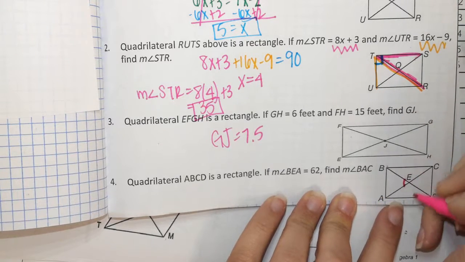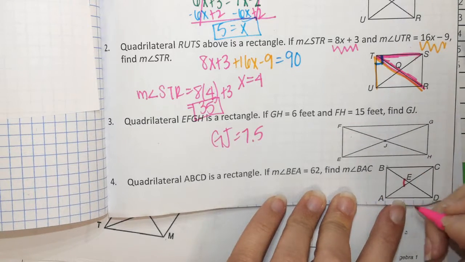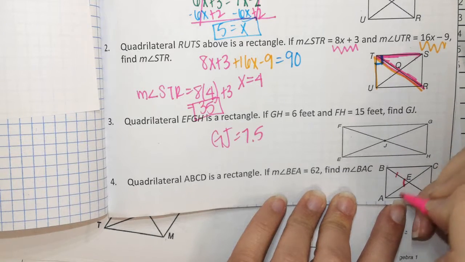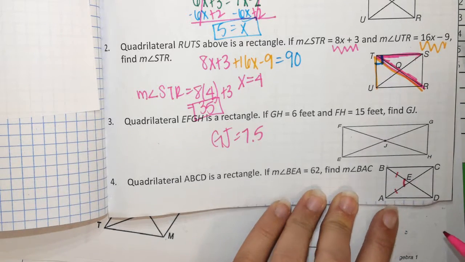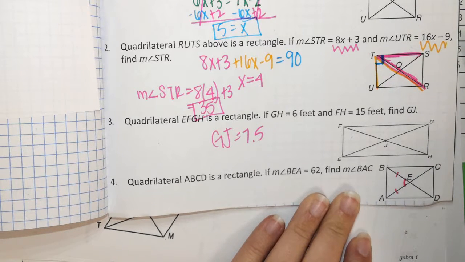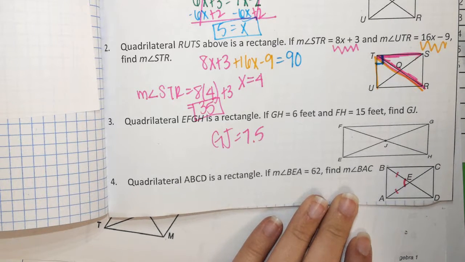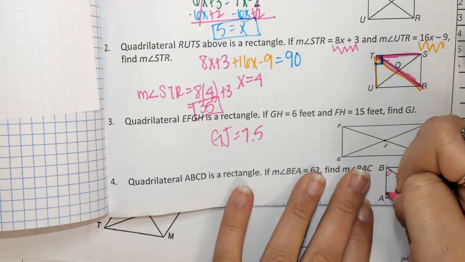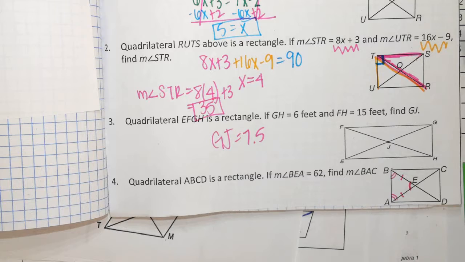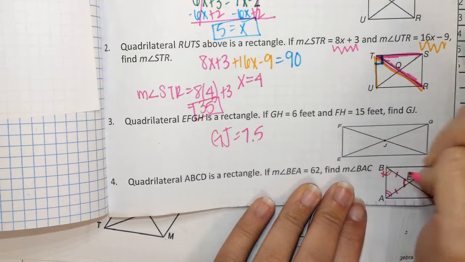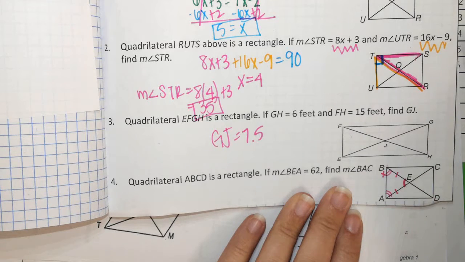What do you know about BE and AE? The lengths. They're congruent. So if those two sides are congruent, what do we know about the bottom angles? They're congruent. That's isosceles triangles. Good. Take a point.